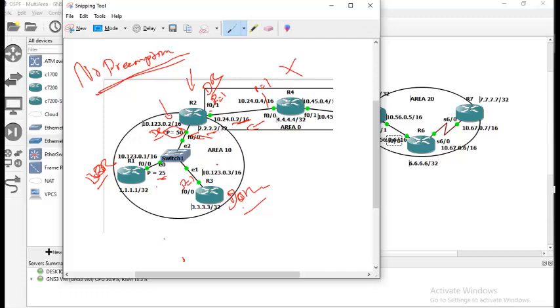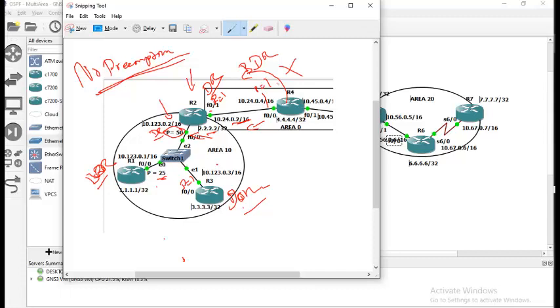When the bigger router ID comes, it finds the DR already, so R4 declared itself as BDR. Because DR is already there, it cannot promote to DR now.